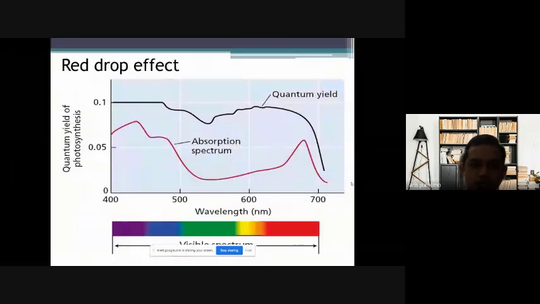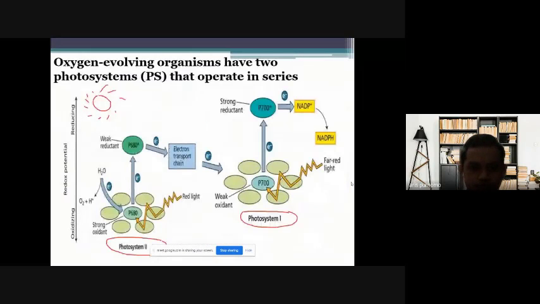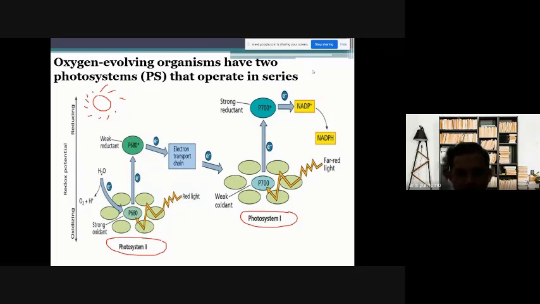Now, this is the light reaction that involves two photosystems, photosystem 1 and photosystem 2. Photosystem 1 and photosystem 2 are quite different because the reaction center of photosystem 1 is sensitive to far-red light, and photosystem 2 is sensitive to only red light.